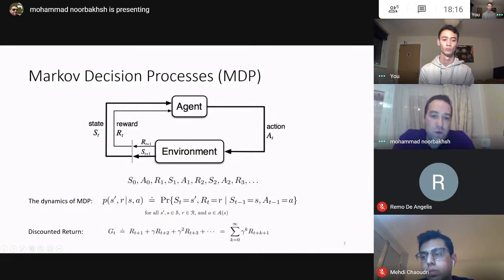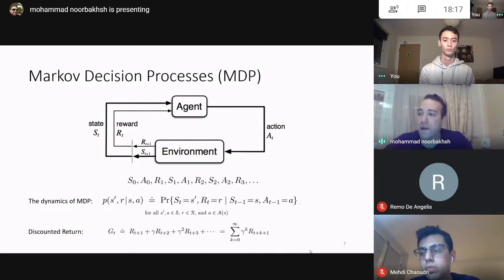So we have a trajectory, for example, here. The environment is in state 0. The agent decided to take action A0, and then the environment gives the agent reward 1, and it transits to state 1.